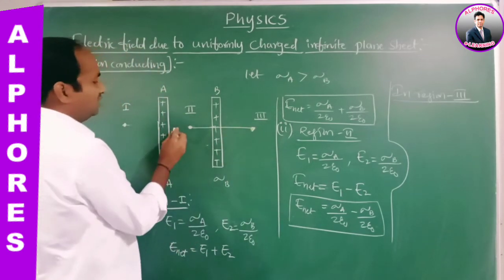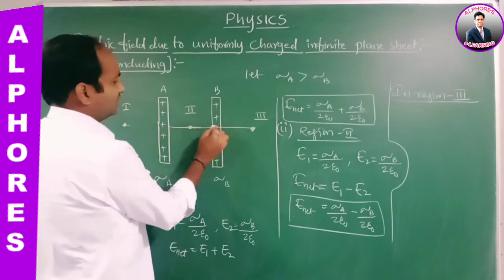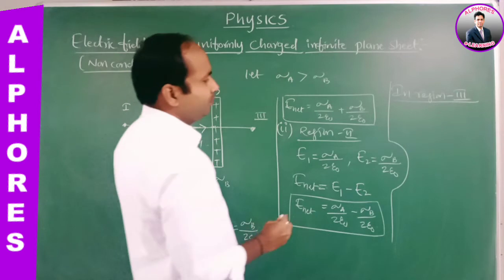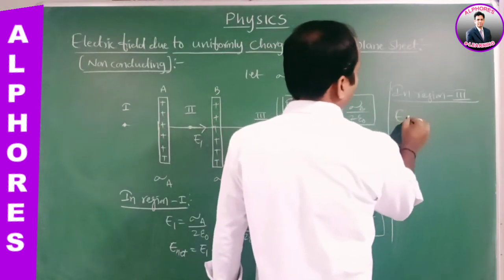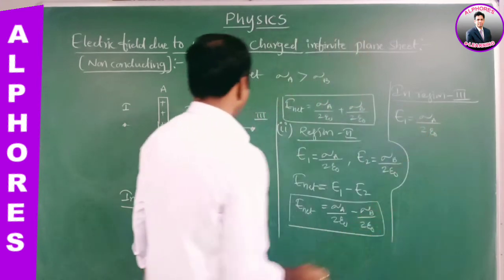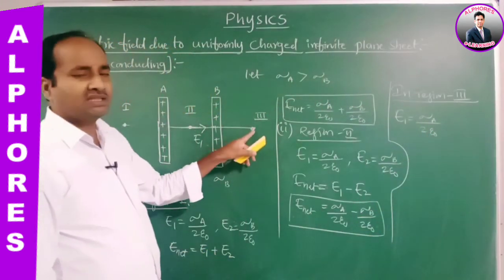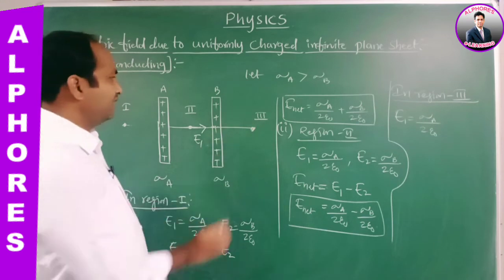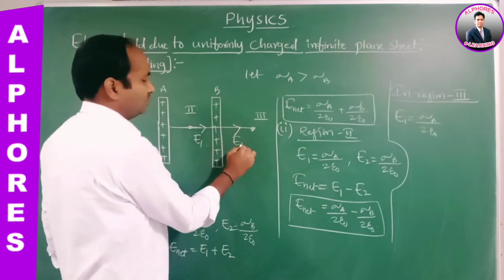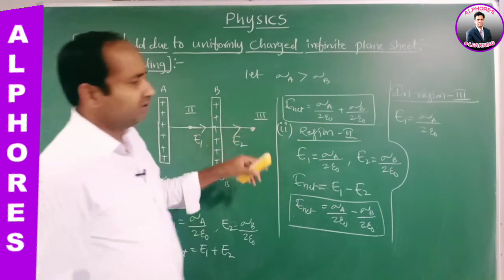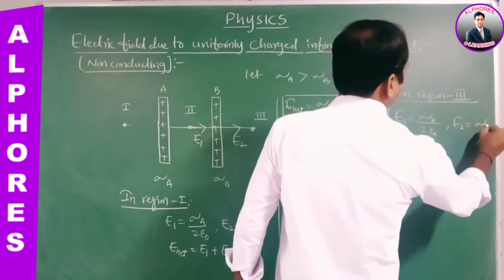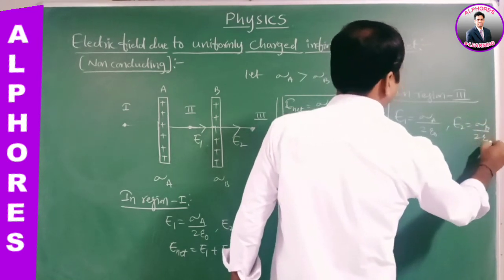Radially outwards, outwards from the plate. This is the direction of E1. What is E1? Again sigma A by 2 epsilon naught. At the same point in region 3, due to the second plate, which is positively charged, the field is radially outwards, E2. E2 is again sigma B by 2 epsilon naught.